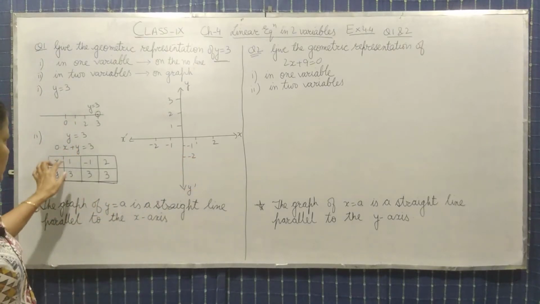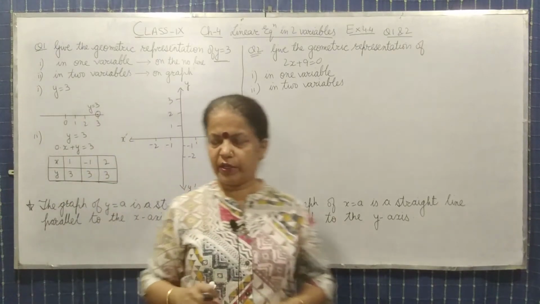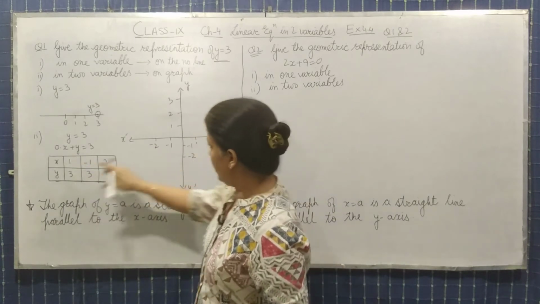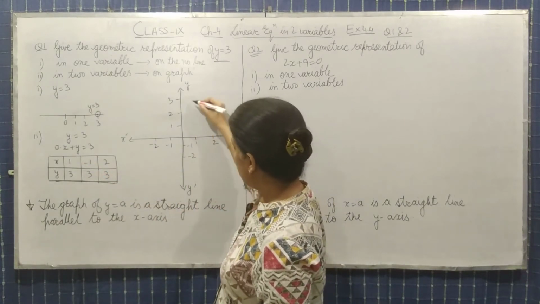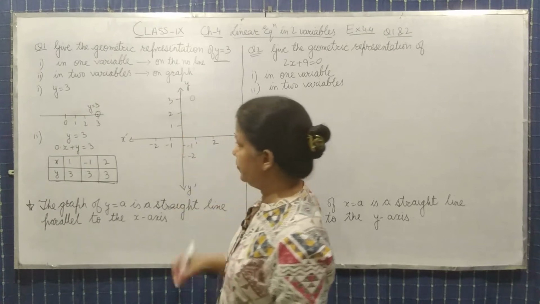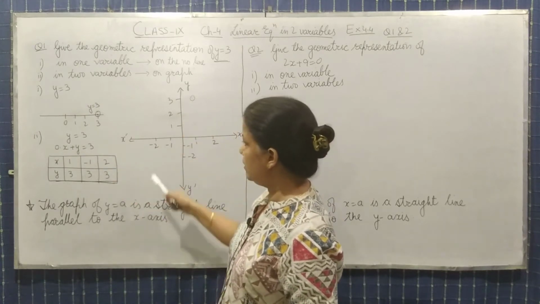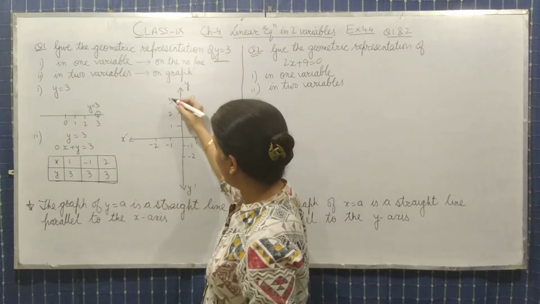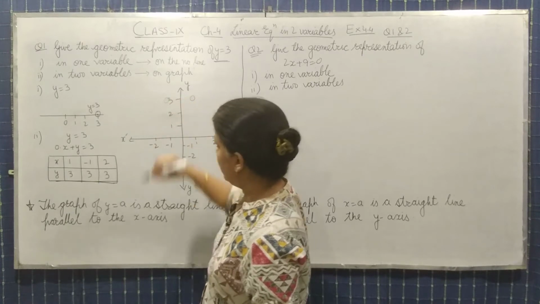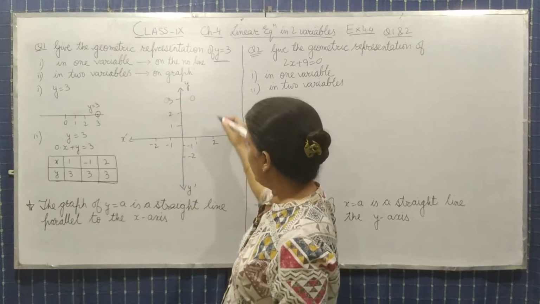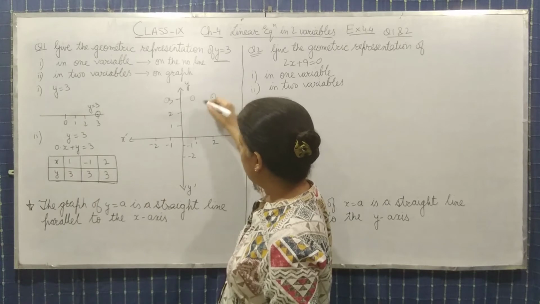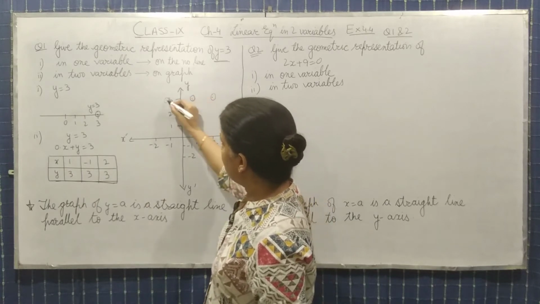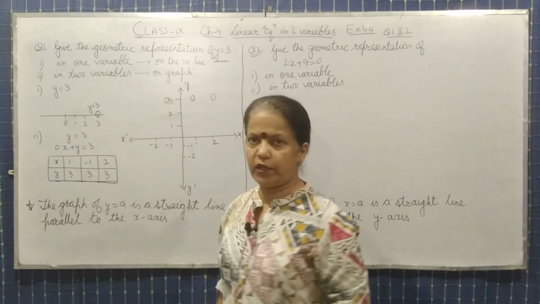So the first coordinates are 1 and 3: x-axis 1 and y is 3. Then minus 1 and 3. Then 2 and 3. So you have got these points here.